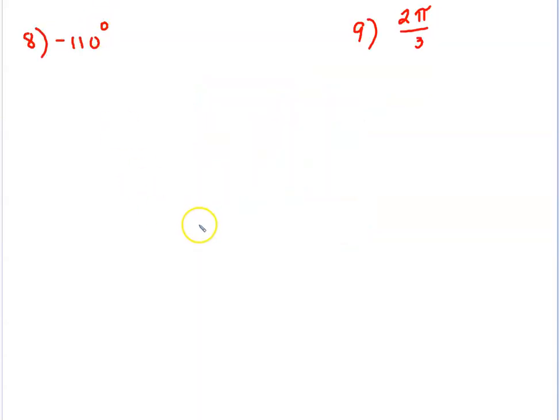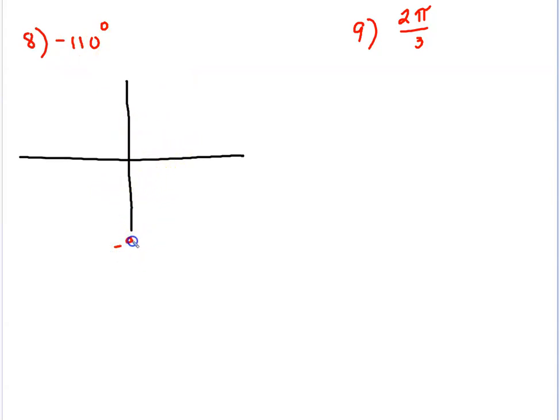Okay, for these, we are supposed to sketch these angles and then find the reference angles. That's what the directions were. I didn't get those directions, copy them over from your review sheet, but that's the way they were read. So let me just sketch out negative 110 degrees first. We'll do a little XY plane. Remember, if we're doing a negative measurement, we're going this direction.